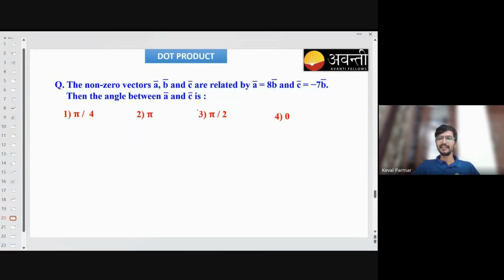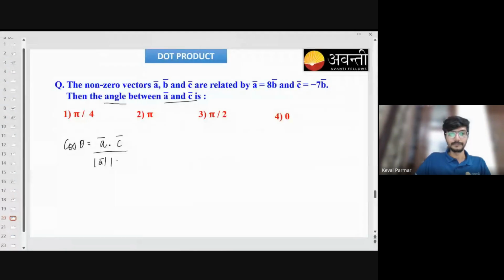Same we can say. Angle is asked, angle. And if we have angles, then we always use dot product. That means the angle between A bar and C bar. So I can write cos theta as A bar dot C bar upon mod A mod C.